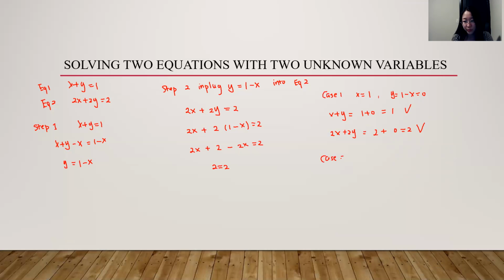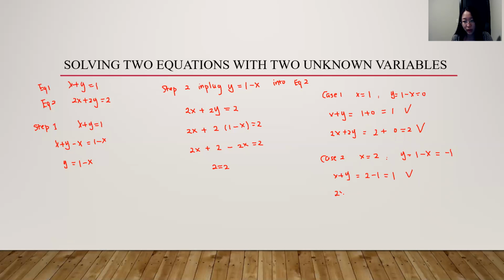Case 2, x equals 2. y equals 1 minus x equals negative 1. So let's check whether those two equations hold. x plus y equals 2 minus 1 equals 1. So the first equation holds.